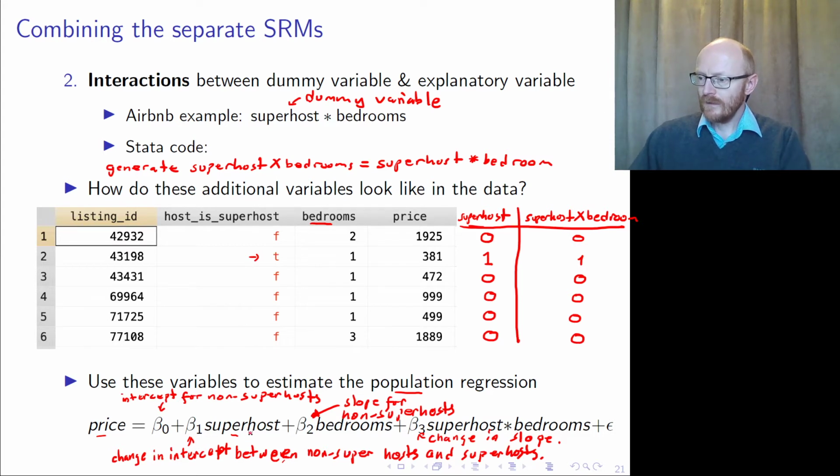Okay, so what does that mean? It means that we can actually perform a hypothesis test on the intercept and the slope, which we could not do with only these simple regression models.